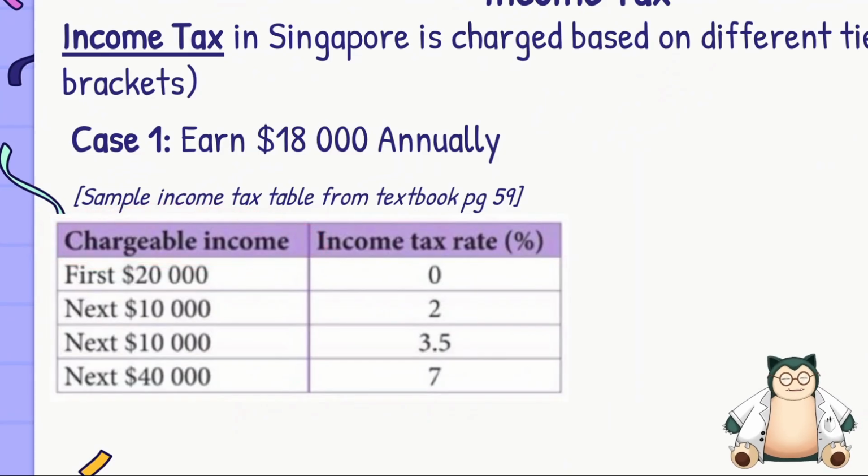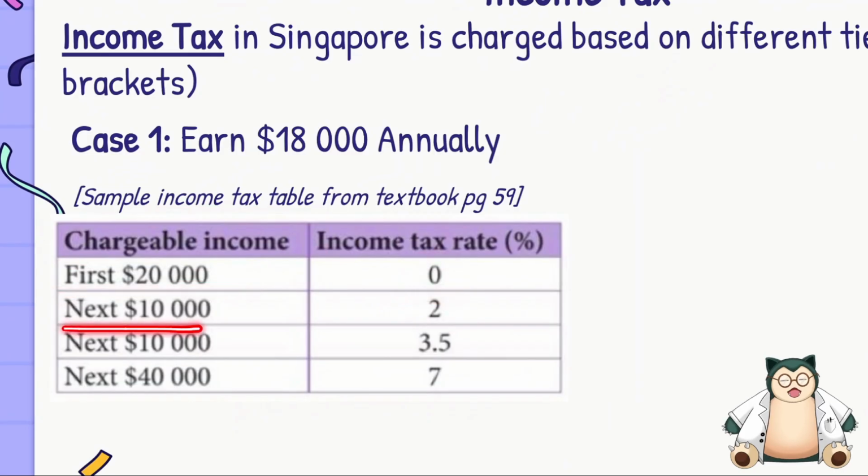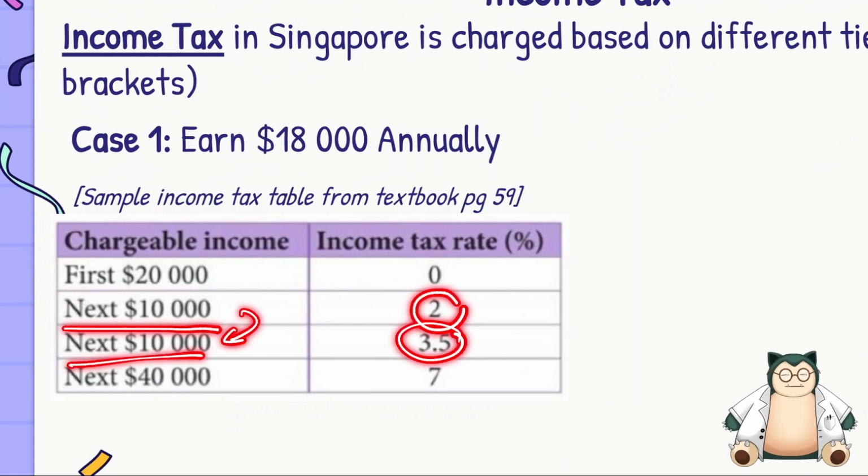So let's look at this table. On the first $20,000 you earn, they charge you a tax rate of 0%. On the next $10,000 that you earn, they charge you a tax rate of 2%. And subsequently, the next $10,000, they charge you 3.5%.